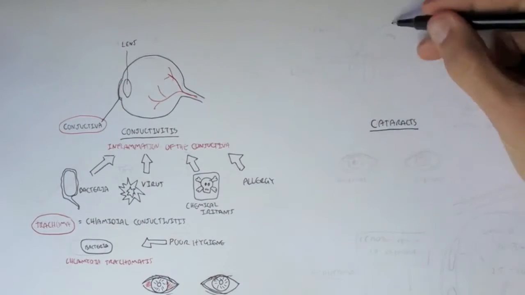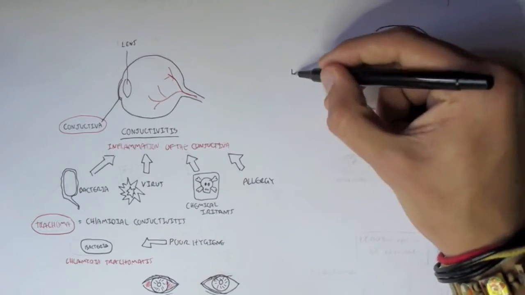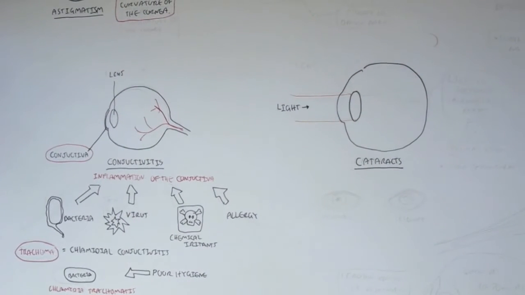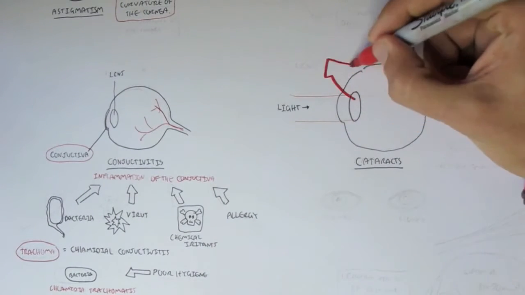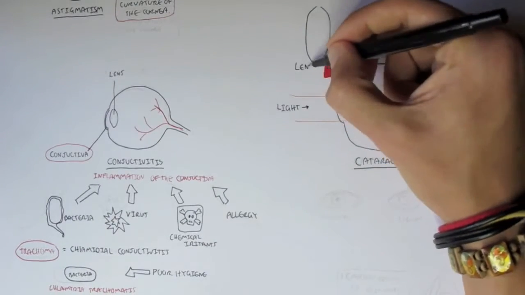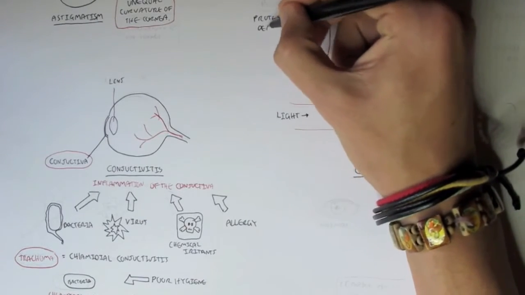The next disorder is cataracts. And here we have the eyeball again. Light, as we know, comes in and goes to our lens. Cataract is a problem with the lens. A cataract is essentially when certain proteins in the lens denature.